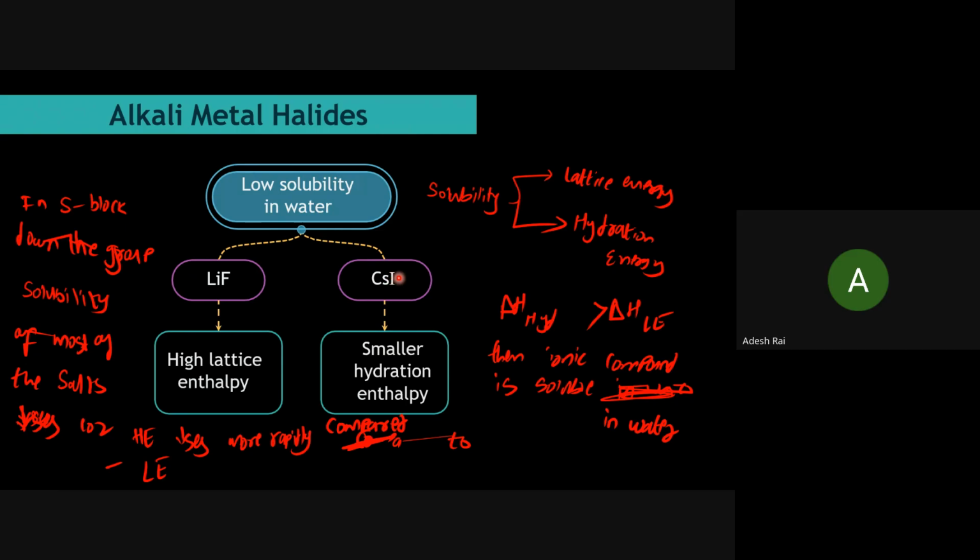But charge is the same for both of them, plus one and minus one. The magnitude of charge is one only, so charge is not the deciding factor. Then what is the deciding factor? Size. If size is more, hydration energy will be less. Therefore, we say smaller hydration enthalpy for cesium iodide, because size is very big for both cesium and iodide.